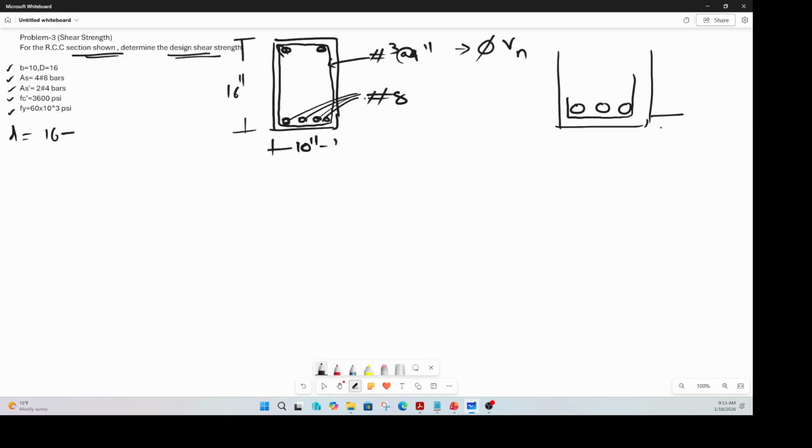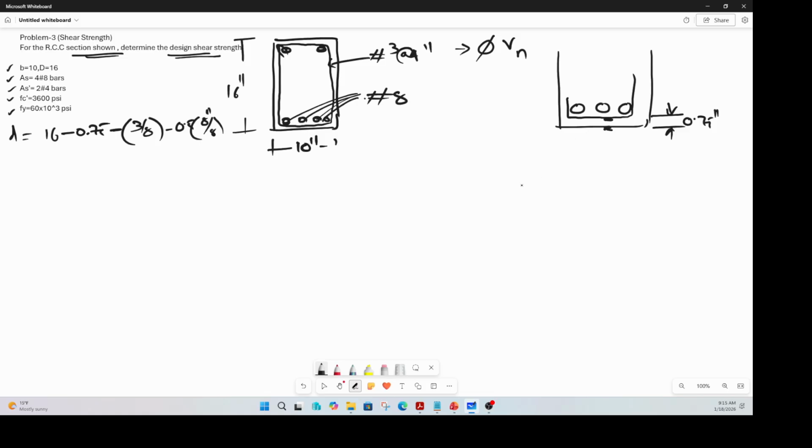So there is a clear cover, that is 0.75 inches from the outer edge to the outside of that. So you reduce the clear cover 0.75, minus the diameter of one stirrup bar, which is 3/8, minus 0.5 times the diameter of your number 8 bar. Half the diameter of number 8 bar, right?